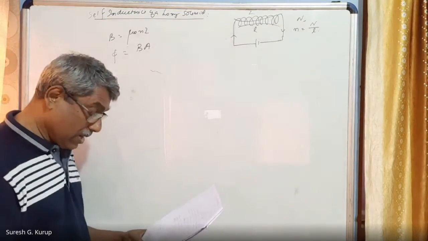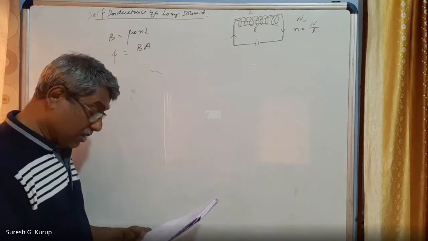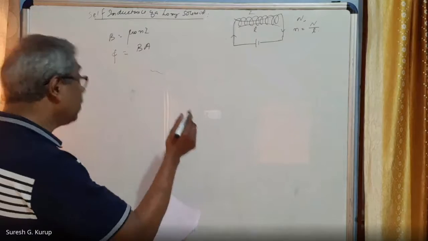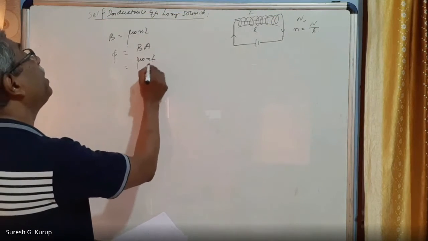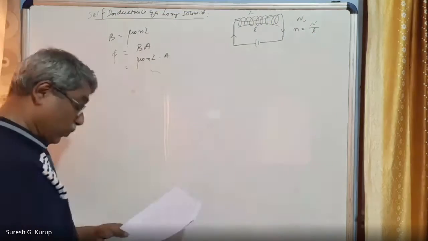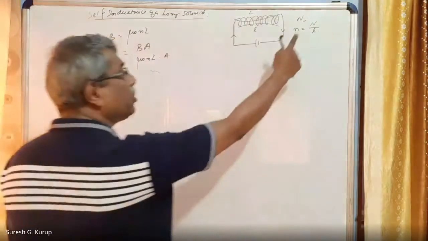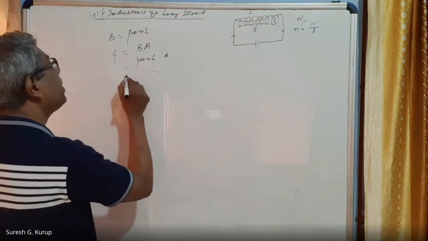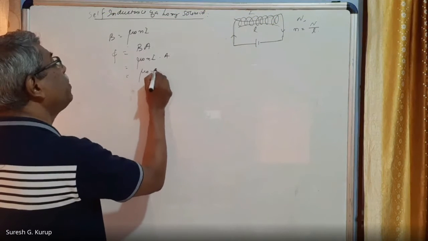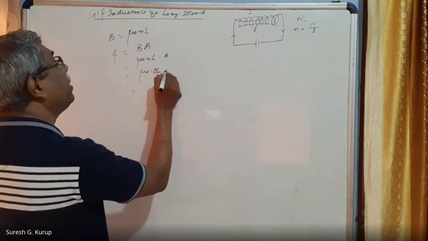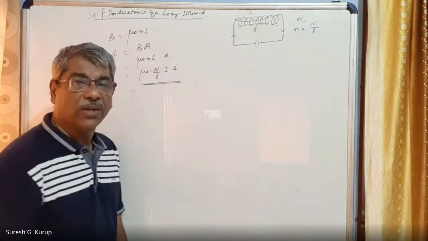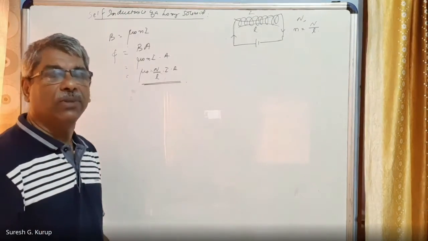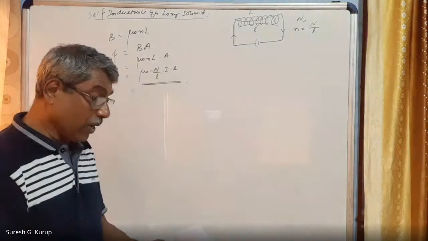This is equal to mu 0 small n I into capital A. But small n is equal to capital N divided by L. In that sense, we can write this as mu 0 capital N divided by L into I, the whole into A. This is the flux through each turn of the coil, right? Okay.